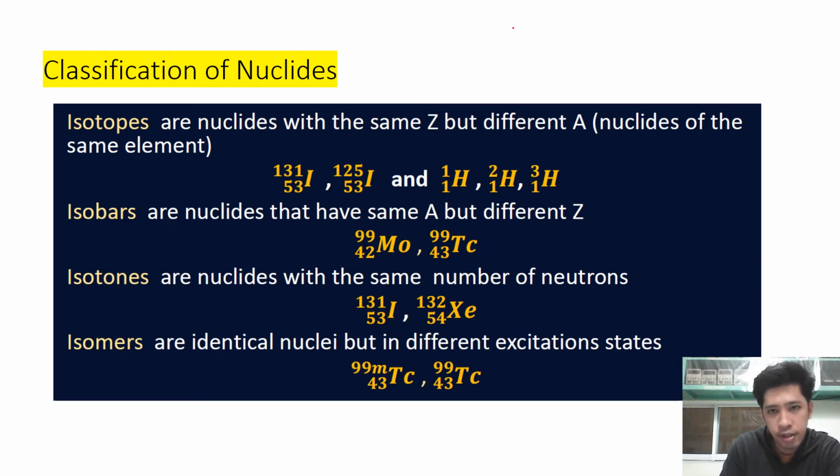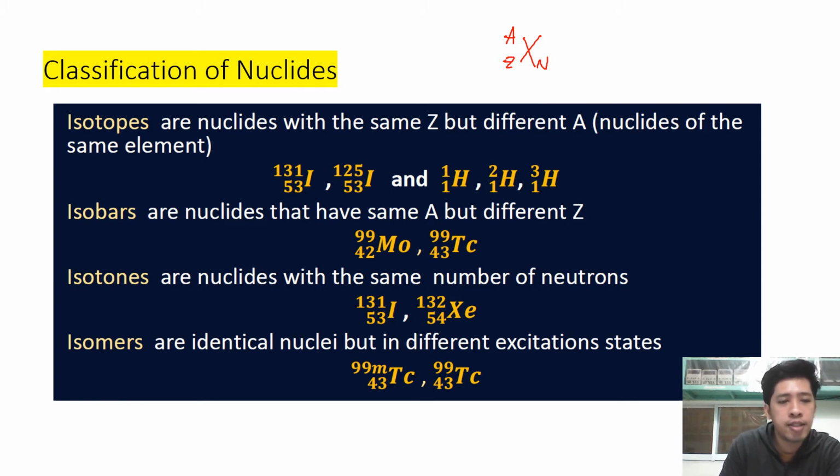So you have again your atomic symbol, A, Z, X, N. For example, you have 131I and 125I. They have the same Z, which is 53, but different A. And here you have the isotopes of hydrogen: 1H, 2H, and 3H.